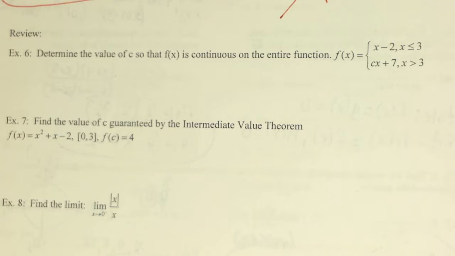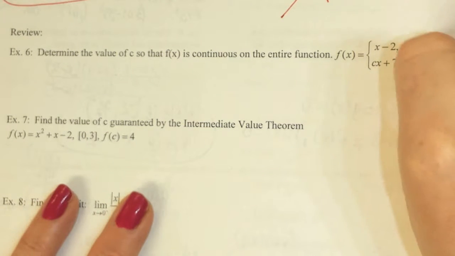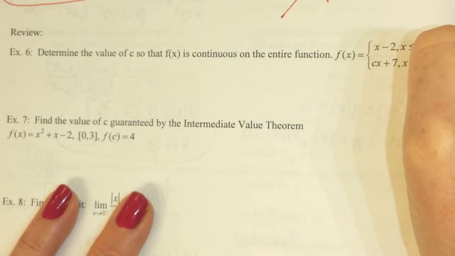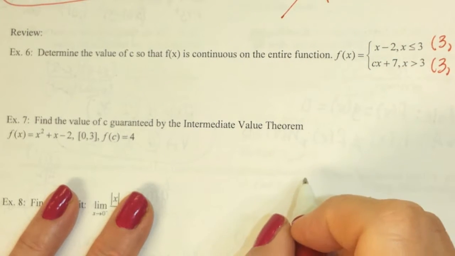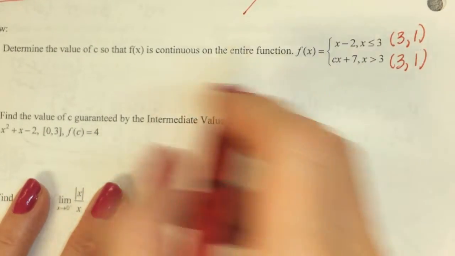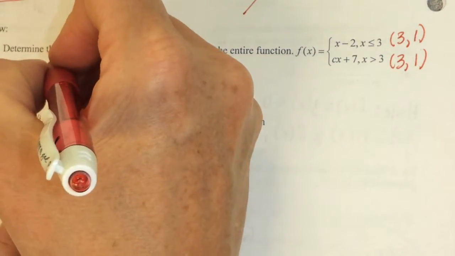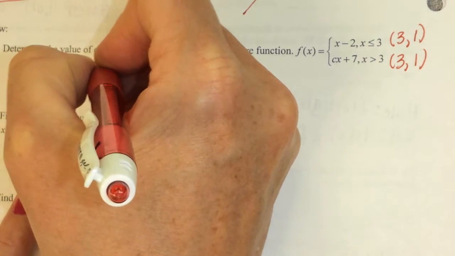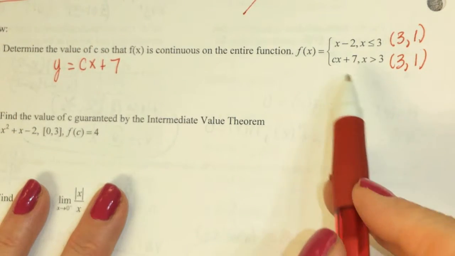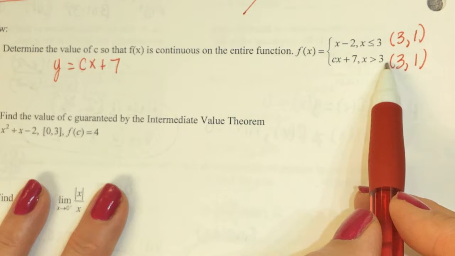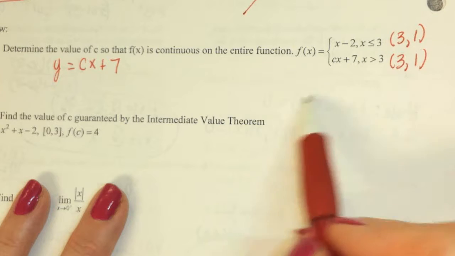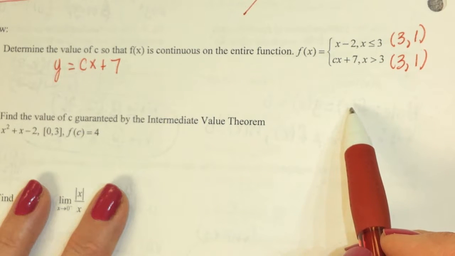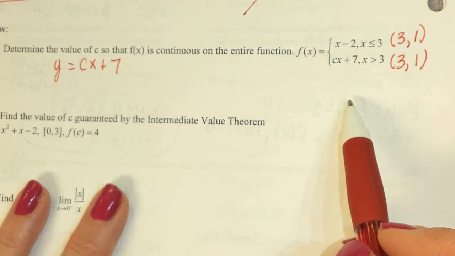Okay, so we're going to plug 3 in here. What would you get? So that means that if I plug 3 in here, I also have to get 1. So look at what this function is. The second part of my function is y equals cx plus 7. And I know that if I plug in 3, I've got to get a 1 in order for them to meet and be one entire continuous function.